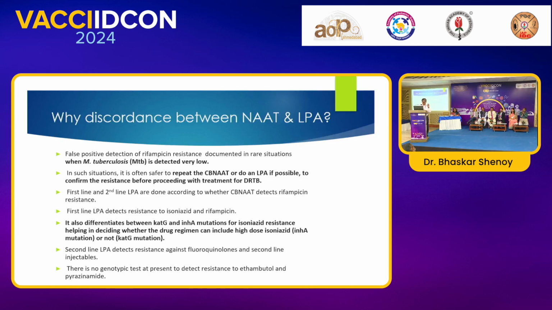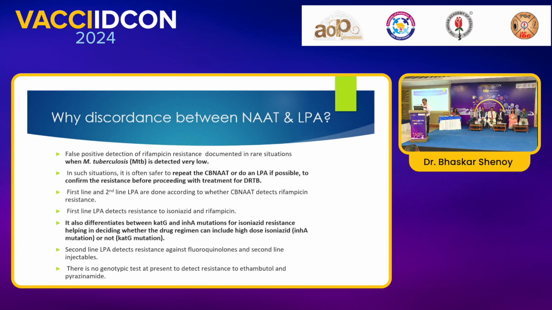The other advantage is that it helps to differentiate between katG and inhA mutations for INH resistance. If you are able to detect that it is katG, you cannot increase the INH dose, which will not be helpful. Whereas if it is an inhA mutation, a higher dose of INH will definitely help.